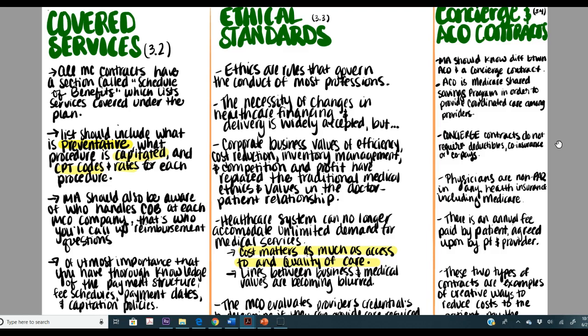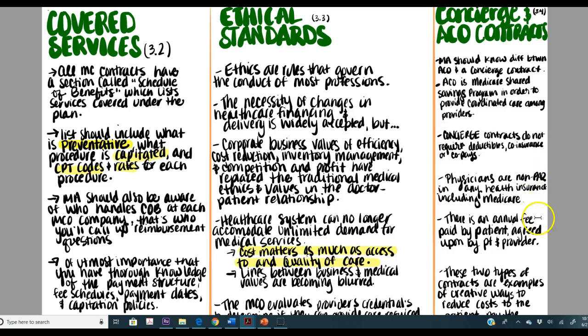So even though the ACO is a Medicare shared savings program, its physicians are non-pars in Medicare. Kind of crazy. How it works, though, is that there is an annual fee paid by the patient, and that fee amount was agreed upon by the patient and the provider.